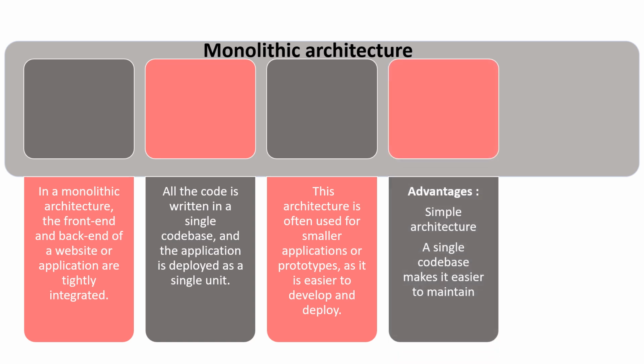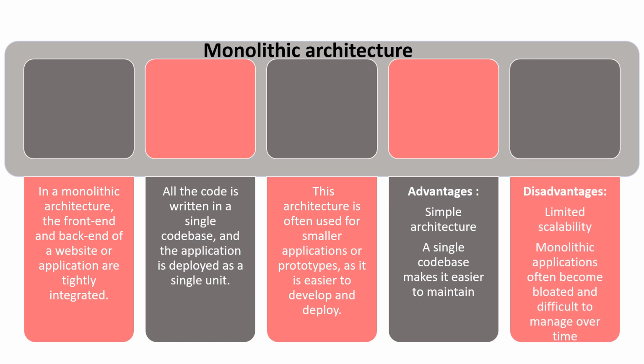The advantages of this monolithic approach are that it is a simple architecture, and a single code base makes it easier to maintain. The disadvantages are limited scalability, and monolithic applications often become bloated and difficult to manage over time.